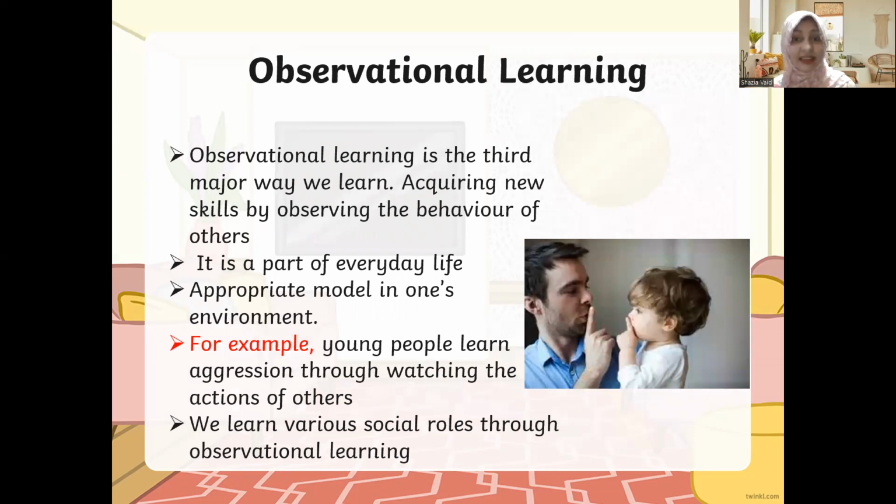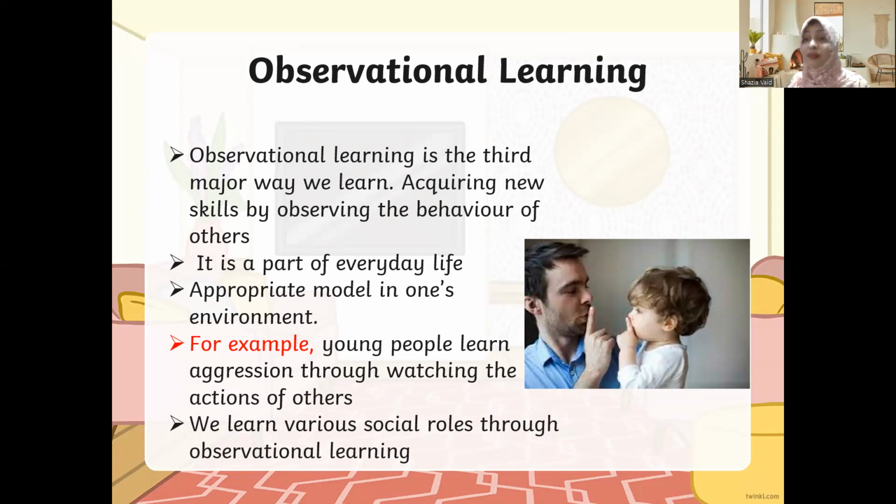Now, the other types of learning are very simple ones. The first one is observational learning. This is the third major way we learn. What is observational learning? It is very simple, as the name suggests.